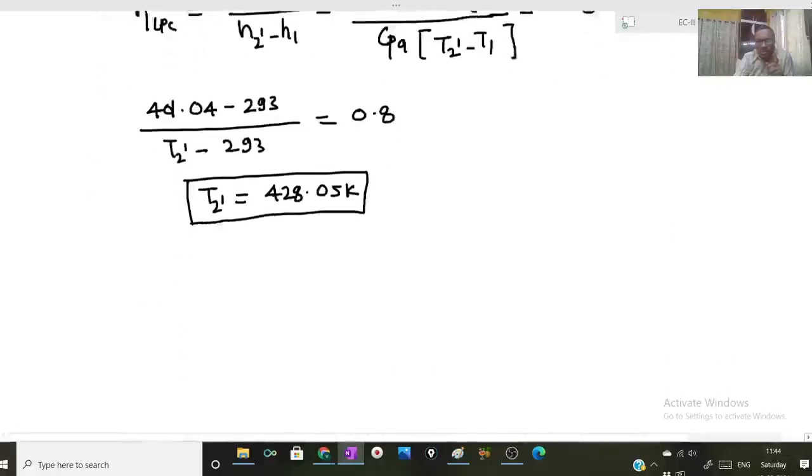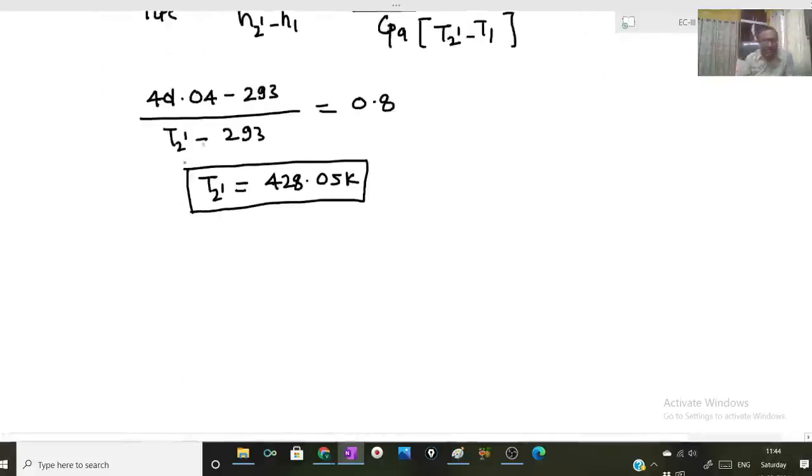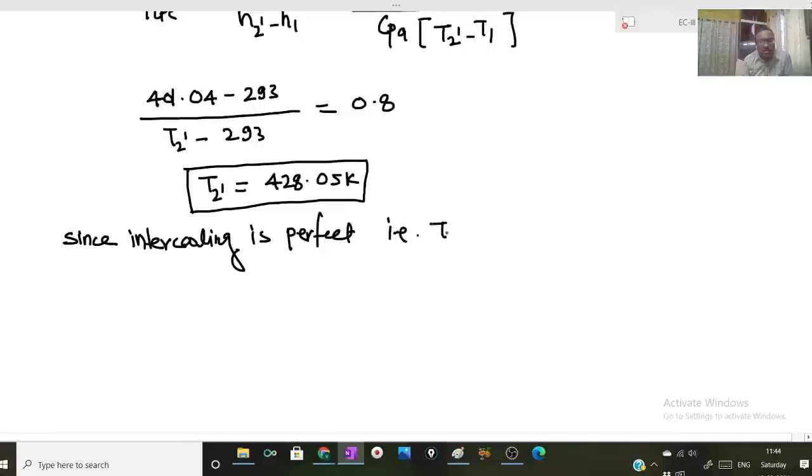Simply just by writing this sentence: since intercooling is perfect or complete, that is T3 is equal to T1, and pressure ratio in LPC is equal to pressure ratio in HPC.